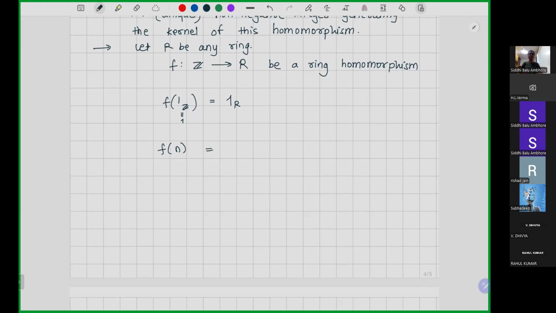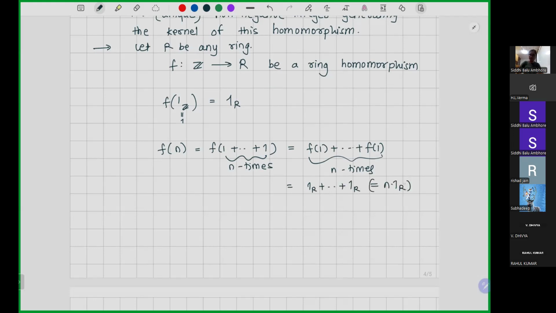Since f of 1 plus up to 1, n times, it is f of 1 plus up to f of 1, n times. So this is n into 1R, which can be written as n into 1R.